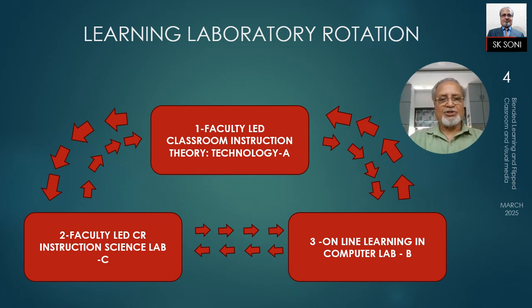So you see there are 3 learning laboratories: a classroom where theory is being taught, another laboratory hall where science laboratory work is going on, and the third one is a computer lab where students are learning with the help of computing devices, the online courses.